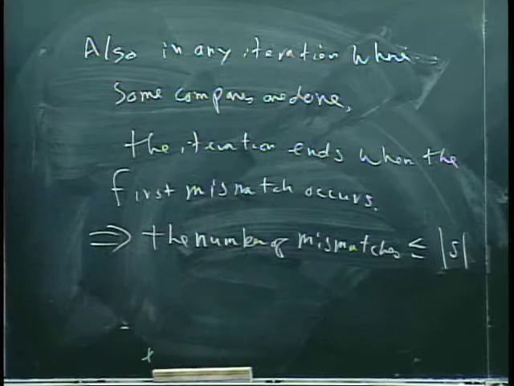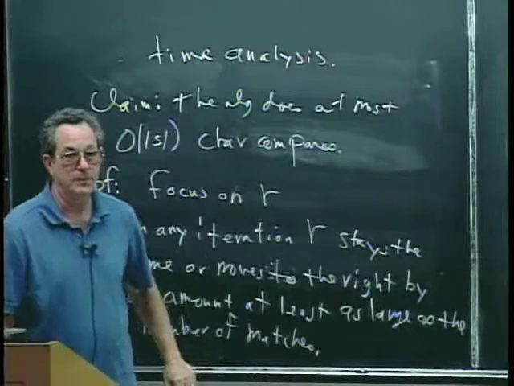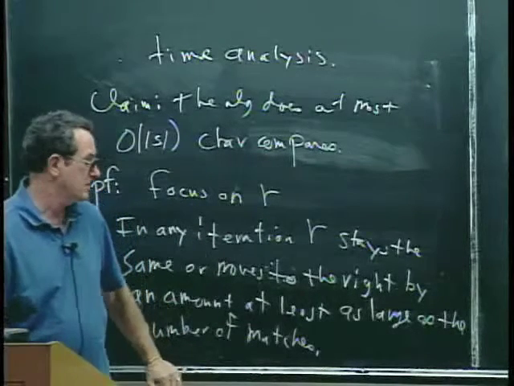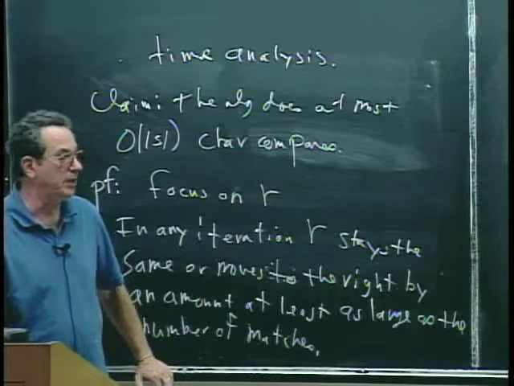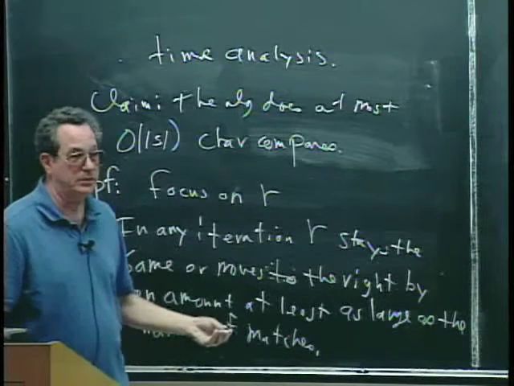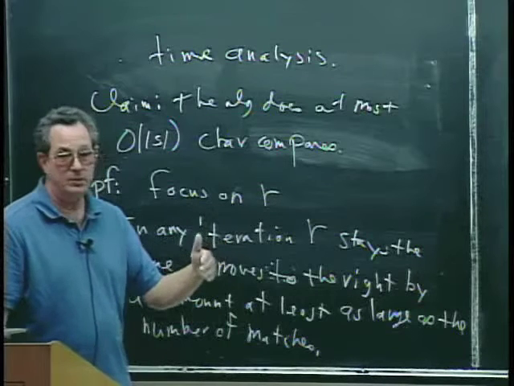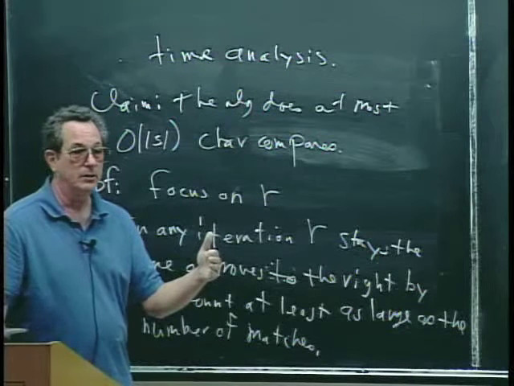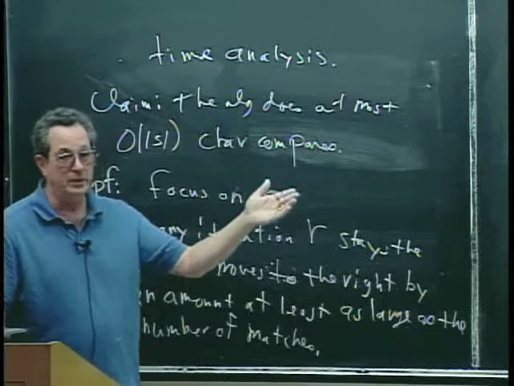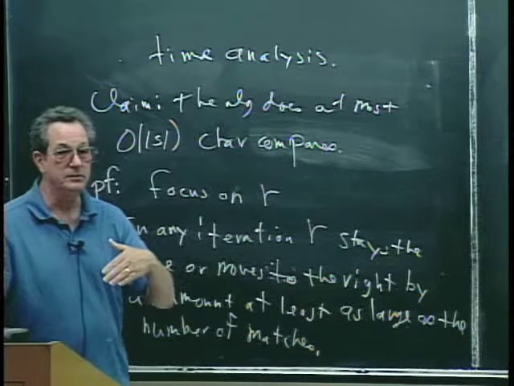Thinking over here, how many matches can there be in the algorithm? Every time there's an iteration that does a comparison that has matches, R moves to the right by an amount at least as large as the number of matches. Okay? R never moves beyond the length of S. R never moves to the left.